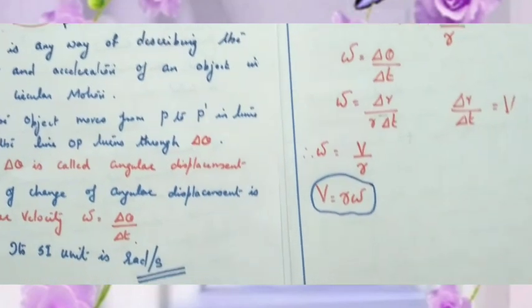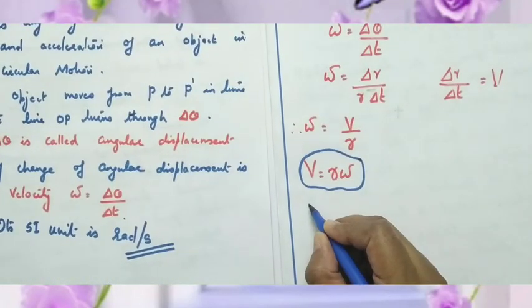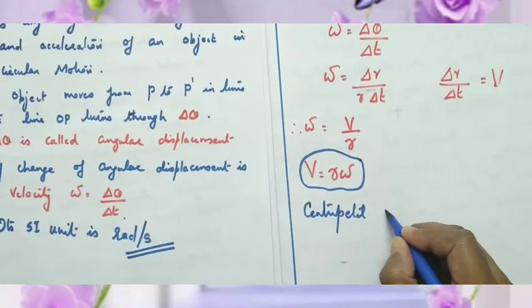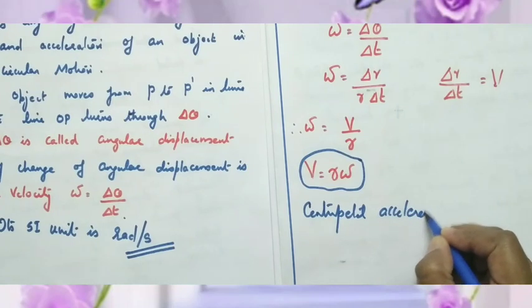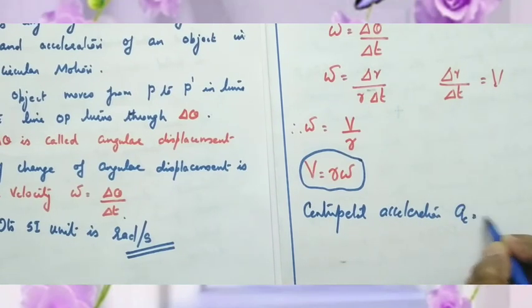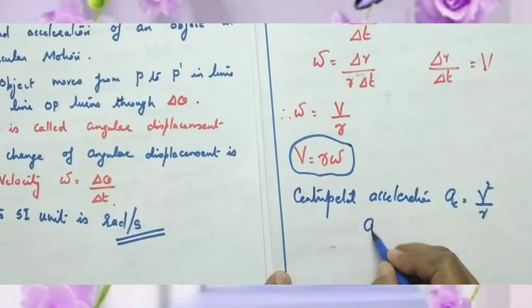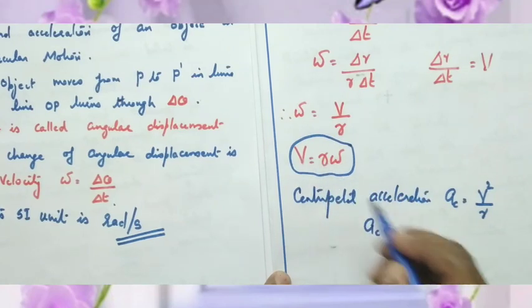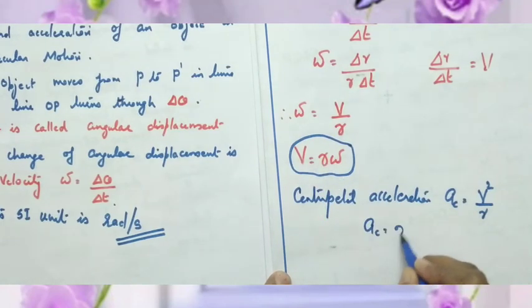Using this formula we can write the centripetal acceleration. We know centripetal acceleration a_c is equal to v square divided by r, isn't it? Or a_c can be written as, what is v? Using angular velocity we can write v equal to r omega.